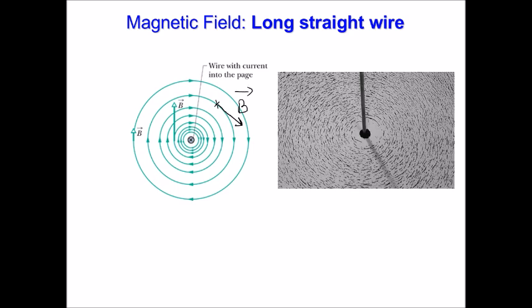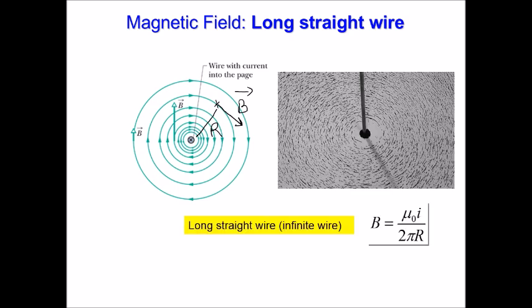If I call this distance capital R, the distance between the wire and the point at which I want to calculate the field, the field will be given by mu 0 I over 2 pi R, where mu 0 is permeability, I is the current inside the wire, and R is the perpendicular distance between the point and the wire. That's for an infinitely long wire.